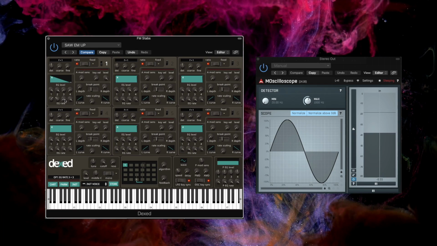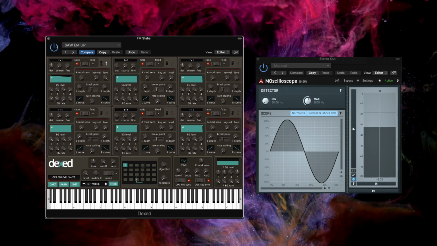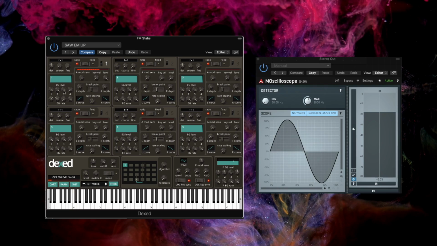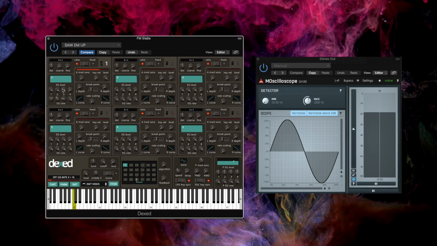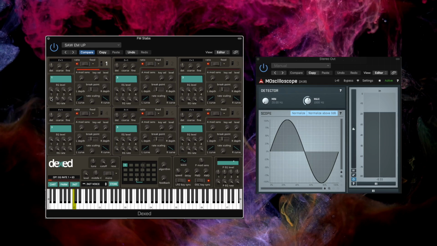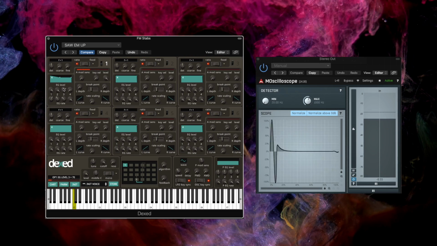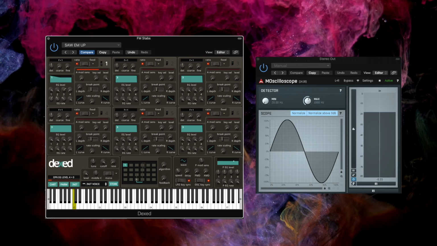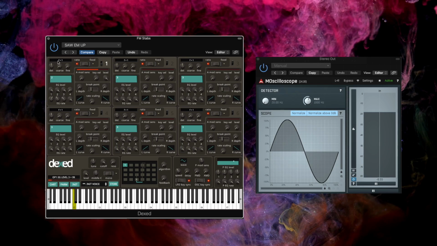Let's also slow down the sustain, and increase the volume. This sounds nice. And we have a basic sine wave. And as you can see on the oscilloscope, we have a typical sine wave that is formed.